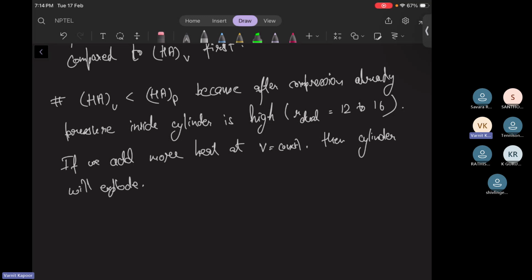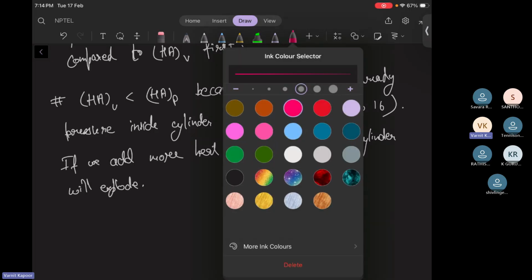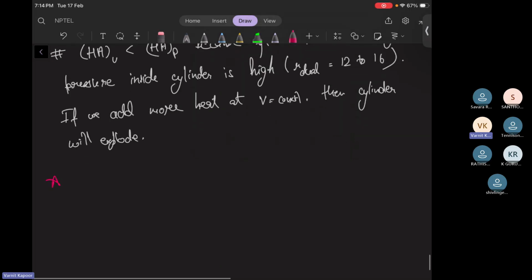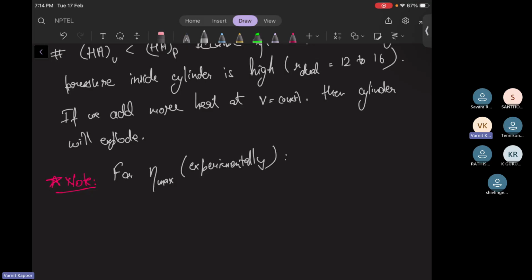Okay. And one point to note here is that it has been experimentally observed that for maximum efficiency, heat addition at constant volume is nearly 1/3 of heat addition at constant pressure.